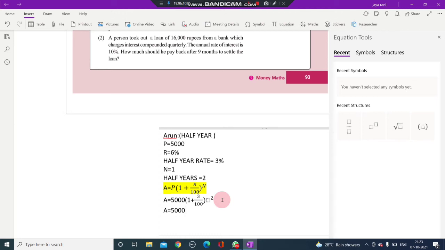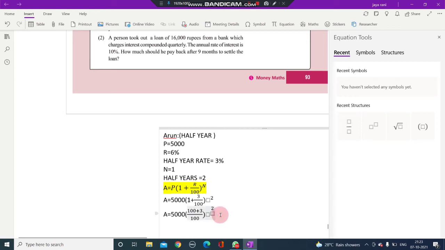5000 into, what about 1 plus 3 by 100? 1 plus 3 by 100 is equal to 100 plus 3 divided by 100, that is the whole square. So that is 5000 into 100 plus 3 by 100 the whole square.